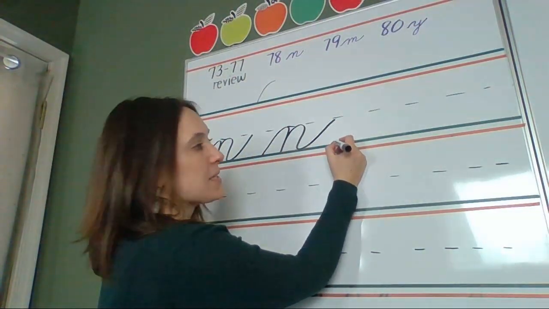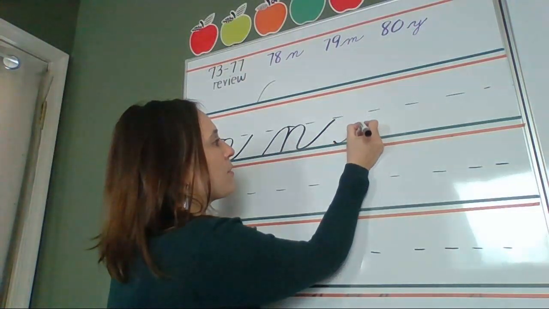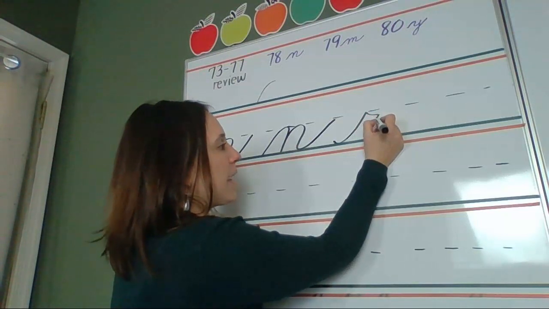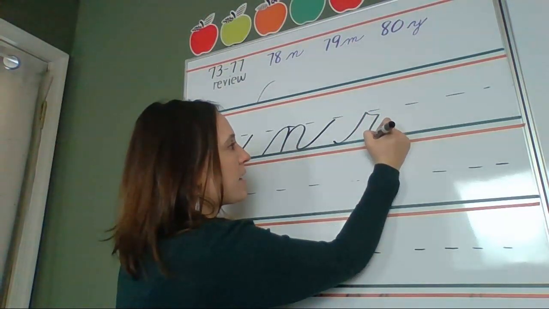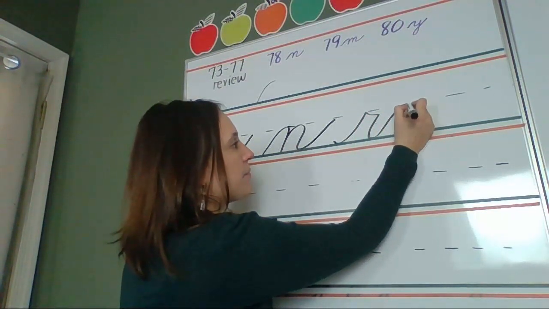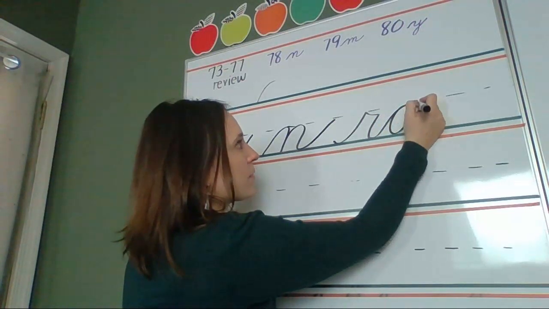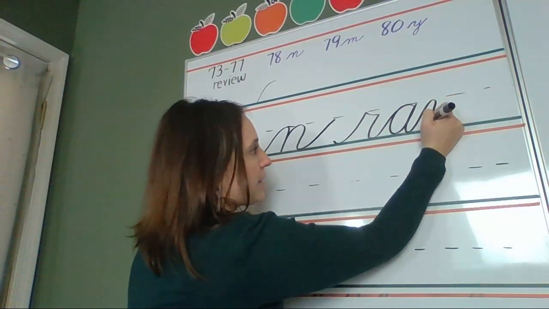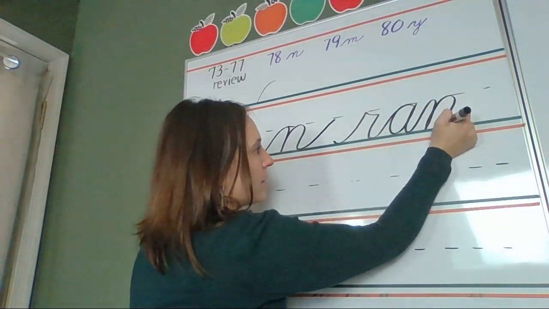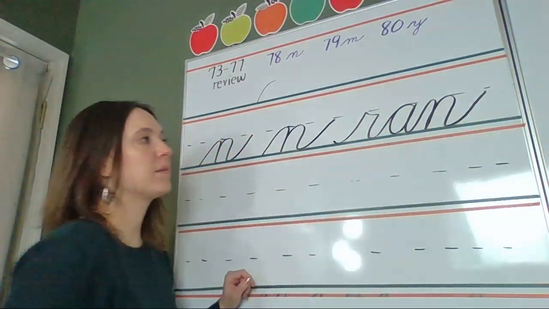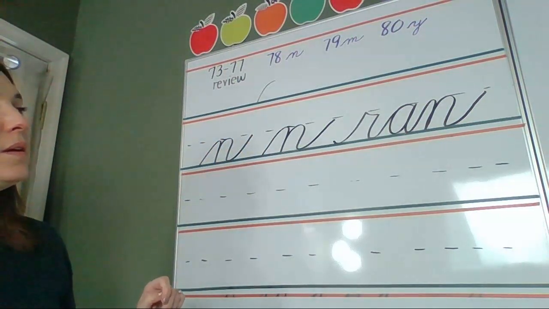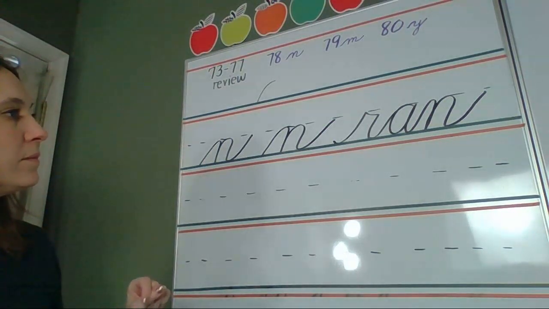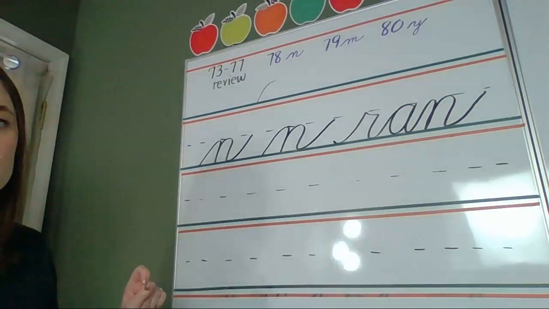We start at the baseline, come up, curve our R that way, come down to the baseline again, come up and make your A, and then come up. You're going to overcurve and then come down and make the letter N. Take your time to do that. It takes a lot of patience and practice.